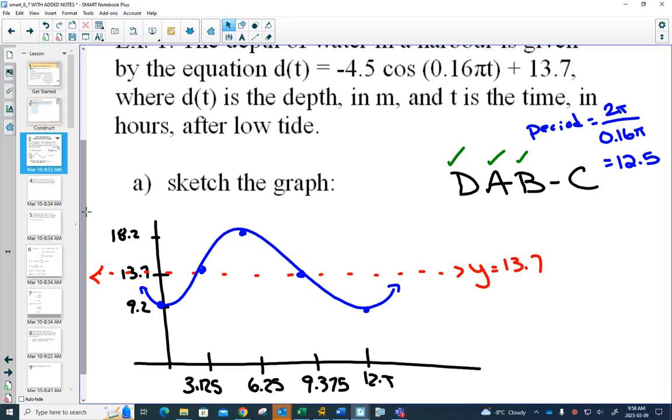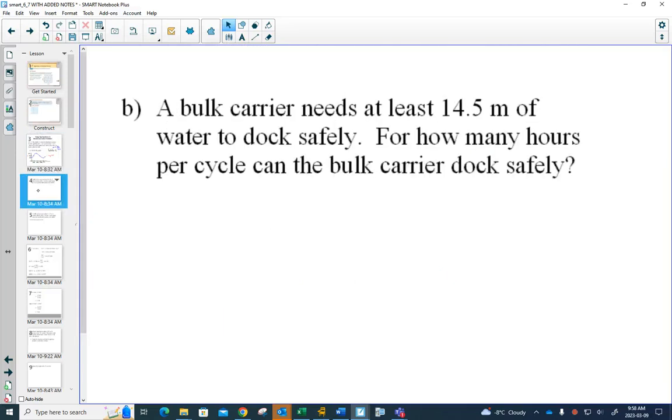Now, for part B of the question, this is a big ship, a bulk carrier, that needs at least 14.5 meters of water in order to come into the dock safely. Sometimes with tides, you have problems because you bring your ship in, and if all the water goes out, you're going to either get stuck or be in a problem.